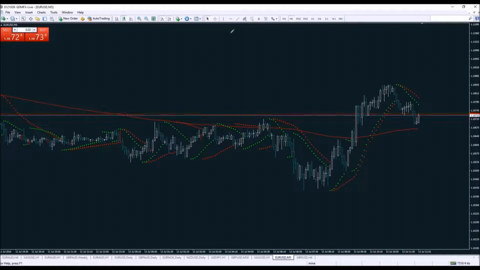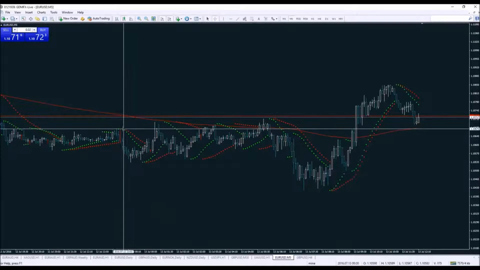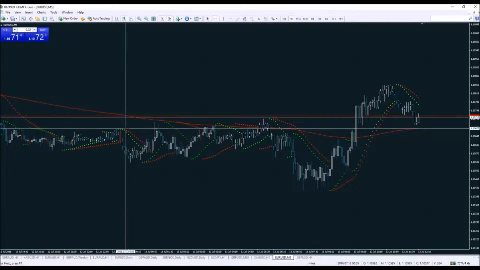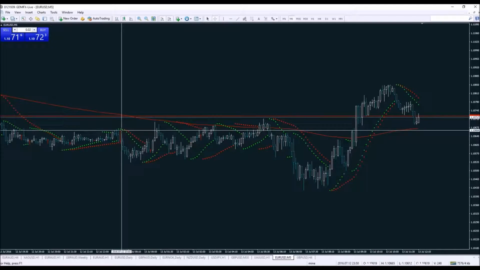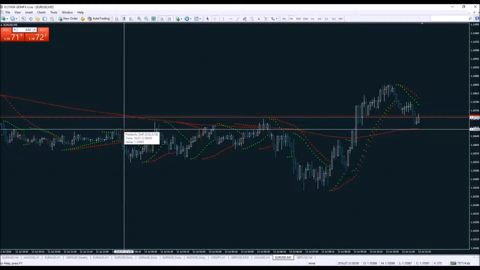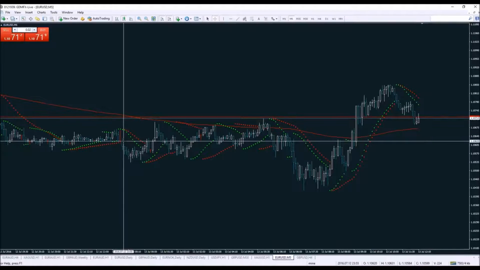So let's take a look at what the parabolic is doing when it's giving us the right conditions. So from here, we have overlapping parabolics, or 2 of them are virtually a few ticks or a few pips away from each other. And our signal comes over here.